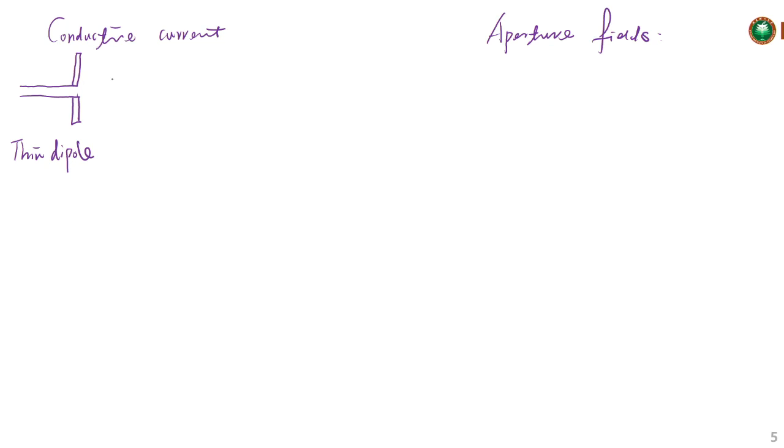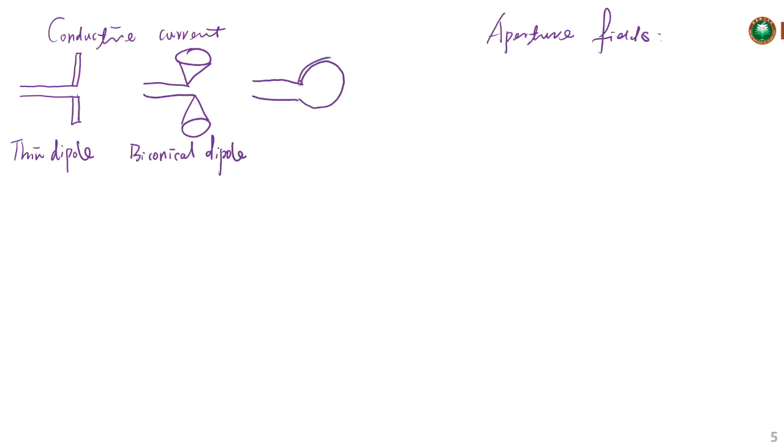Another kind is the biconical dipole. And the third kind is where we connect them together to make a loop. All right, so these are based on conductive current.